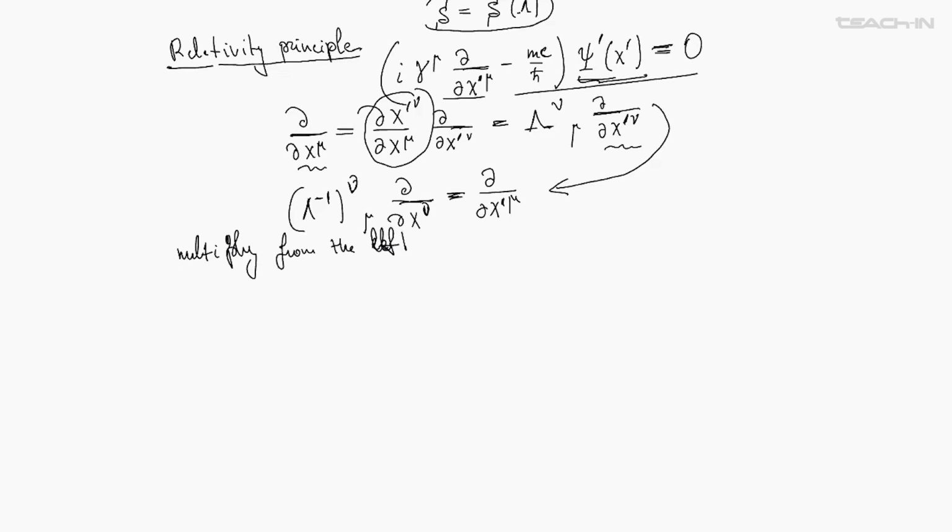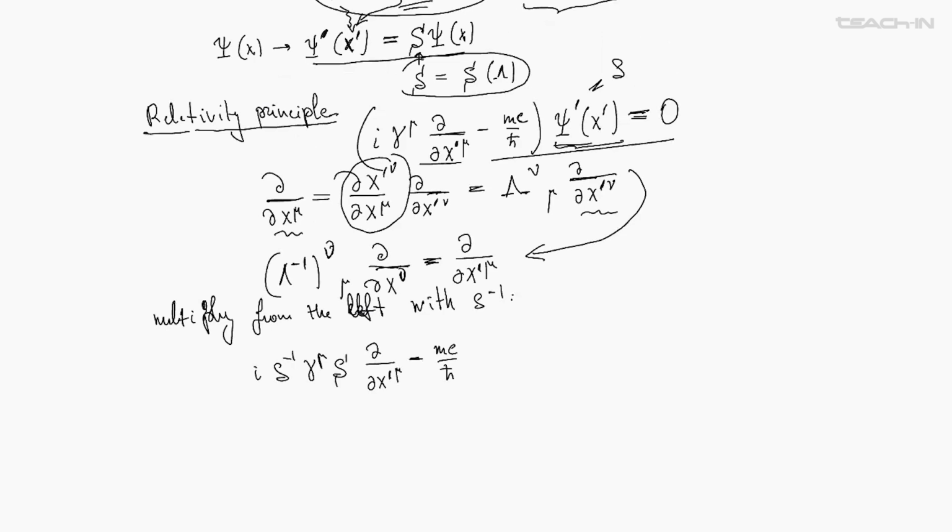We get i S minus 1 gamma mu S. Let me first write it without substituting dx prime mu, minus mc over h bar, and then I will substitute psi prime of x prime as S psi of x, and S minus 1 from the left cancels with S, and so I will just get here the original psi of x equals 0.